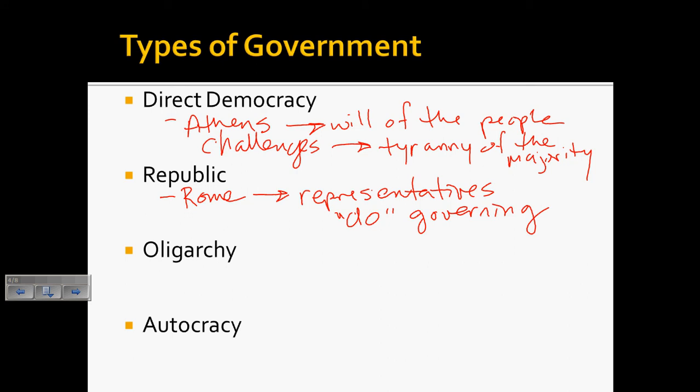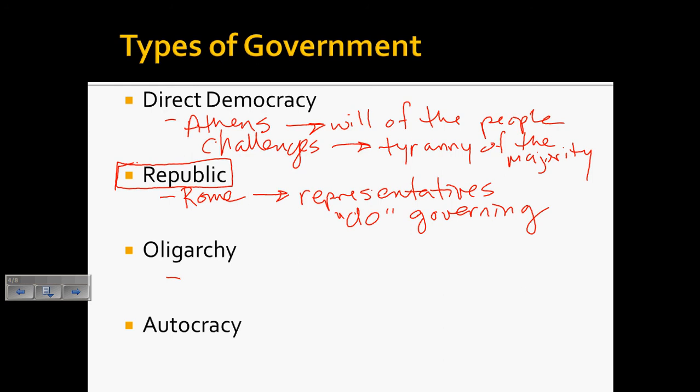Something you see every once in a while is an oligarchy. Oligarchy, archy in this case meaning power or government. The prefix olig means, very simply, rule by few.